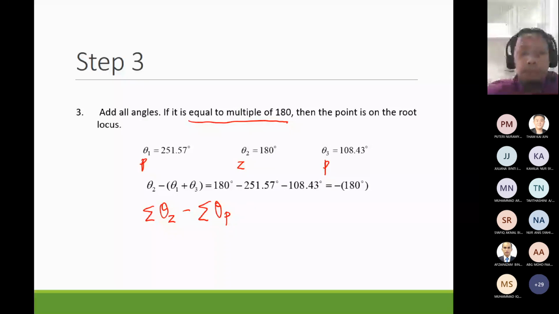So you get theta 2 minus theta 1 plus theta 3. Okay, so it's a multiple of 180 degrees, then the point is on the root locus.